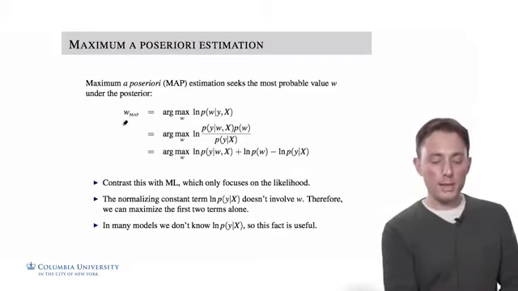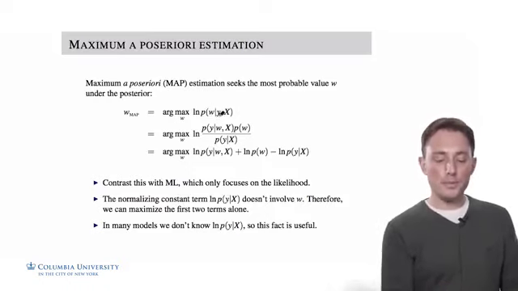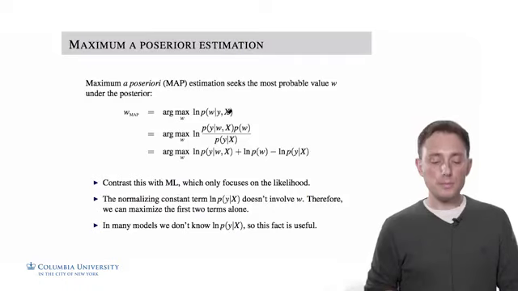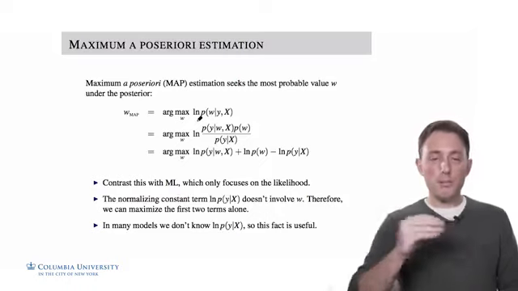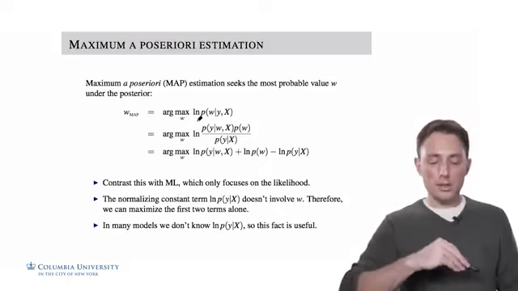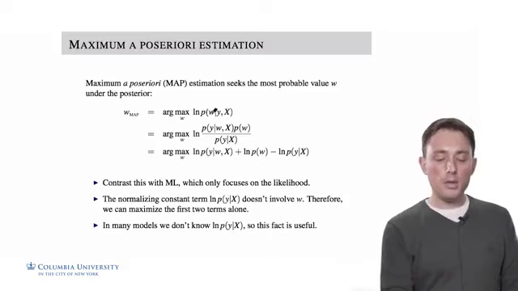So what we say is that the MAP solution for w is equal to the argmax over w of the log of the posterior distribution of w given y and x. And because the log function is monotonic, the value of w that maximizes this posterior is also equal to the value of w that maximizes the log of that posterior.